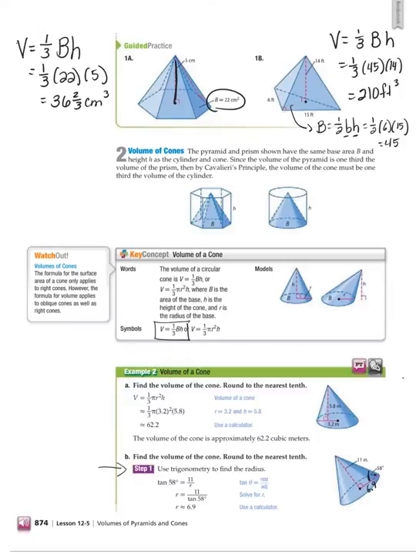Then I'm going to use that 6.9 as the radius of my circle when I find my volume, and let the calculator carry the pi. My radius is 6.9 squared, and then I'll put in my height of 11. So using trigonometry, we were able to find the radius of our circle.